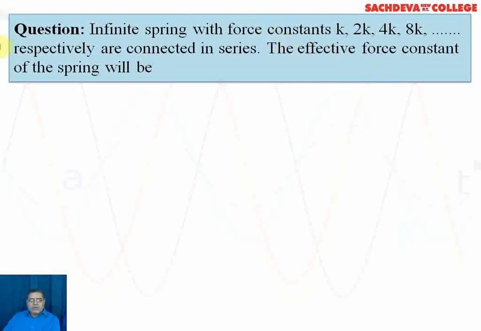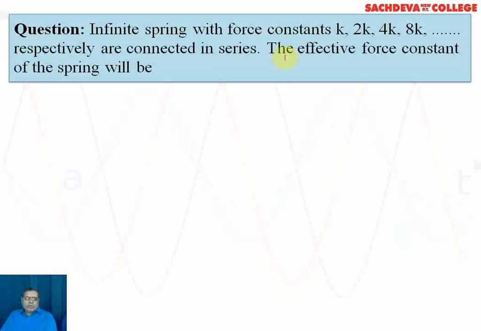Now, in another question, there are infinite springs with force constants k, 2k, 4k, 8k respectively. What exactly is our observation? If we take out k as a common number, then 1, 2, 4, 8 will be a sequence, that is a geometric sequence.